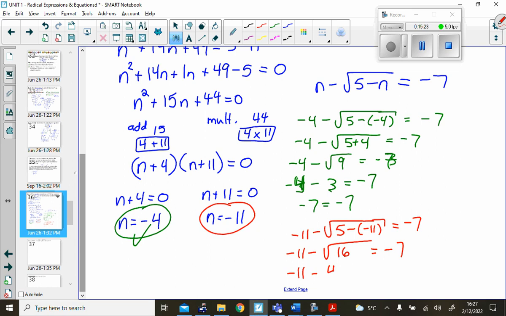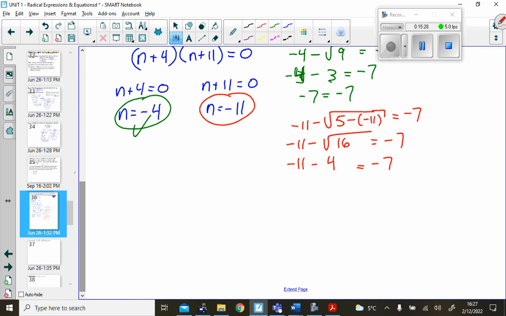Negative 11 minus 4 equals negative 7. Negative 15, nope, does not equal negative 7. The negative 11 plus 4, if the root was positive, it would have worked. And that's that whole square root plus or minus introducing an extra answer when you square it. This is an extraneous root and does not count.